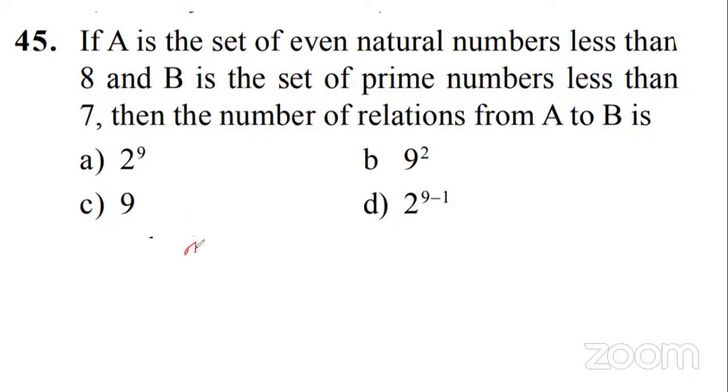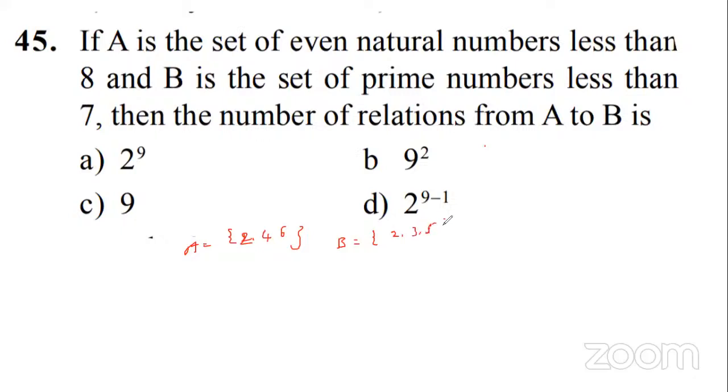So if you consider set A as 2, 4, 6, okay, and set B is what? Prime numbers less than 7 are nothing but 2, 3, 5.